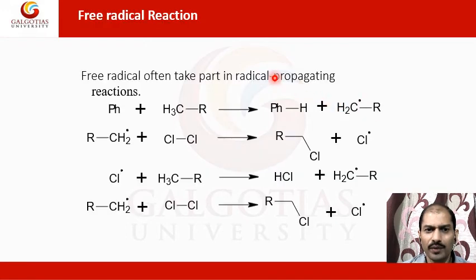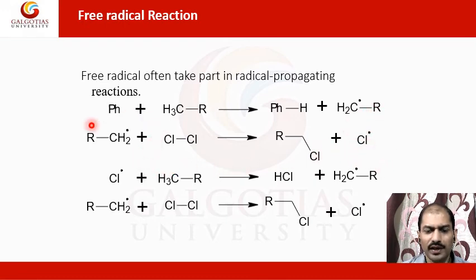So free radical reactions are very important, as I said already at the start. You can see these free radicals often take part in radical propagation reactions, so they propagate the reaction also. Here you can see phenyl, and this is making a free radical species. And you can also check here, like RCS2 dot is further reacting with chlorine, making an alkyl halide and leaving behind the chlorine radical.